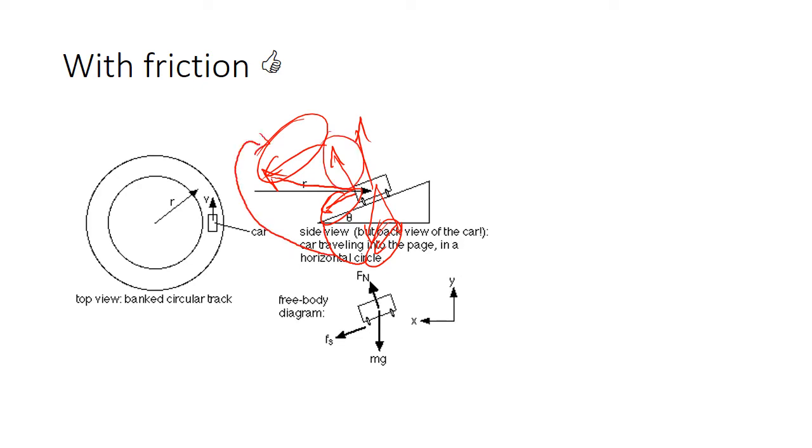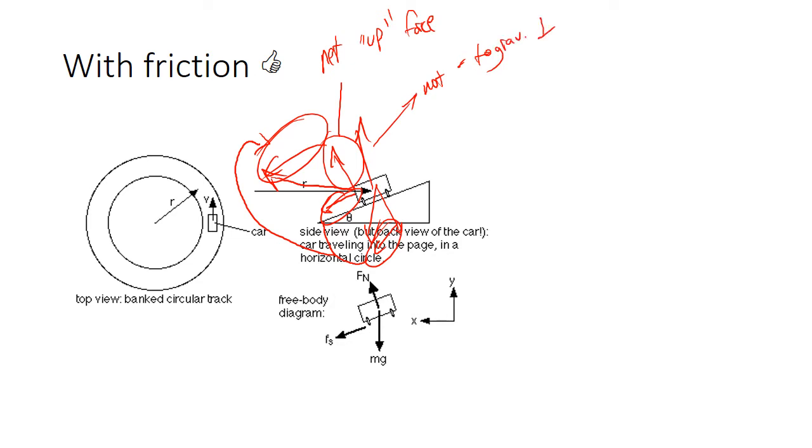But this one still shows up because this means that you'll have a net, I'm going to just say up force, right? Because your force normal is not equal to your gravity perpendicular.